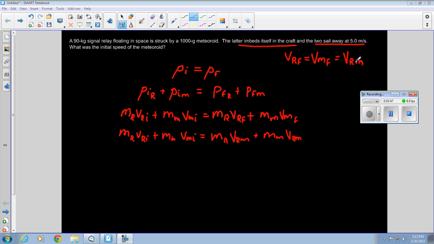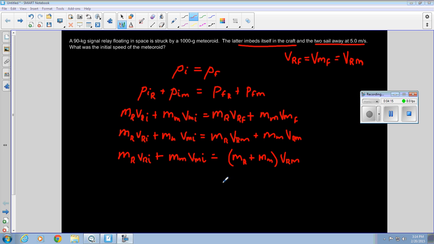If we plug this in for both our velocities, here's our new equation, and we can rearrange this side of the equation because we have two identical terms here. So we can simplify it one more time. And here's our simplified equation.